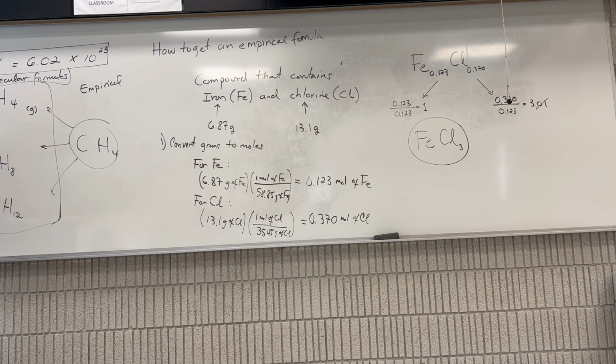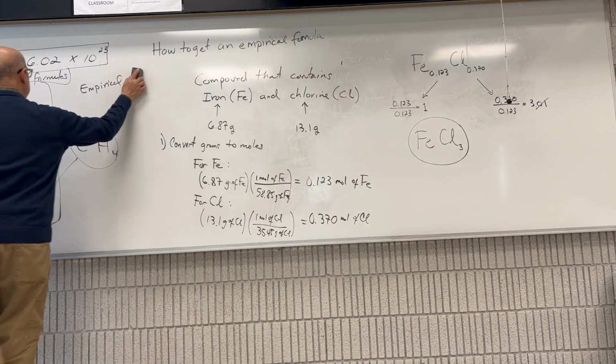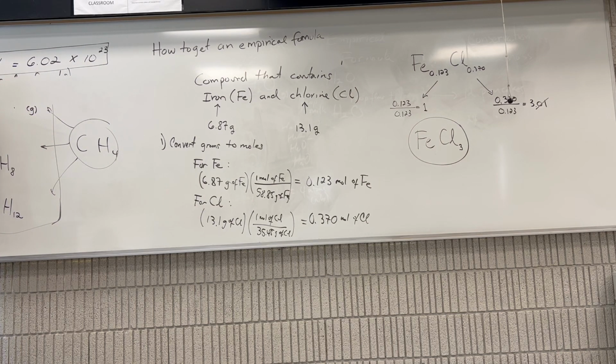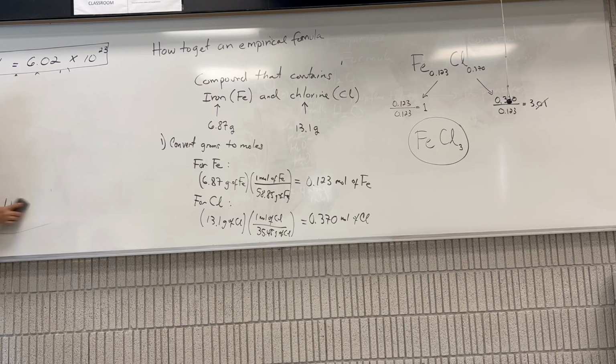Right now we're just writing another empirical formula for a different experiment, and we're going to do it the same way and see if we can come up with an answer just like we did before. So we have an analysis from a lab, and this particular compound, they actually gave us a name.